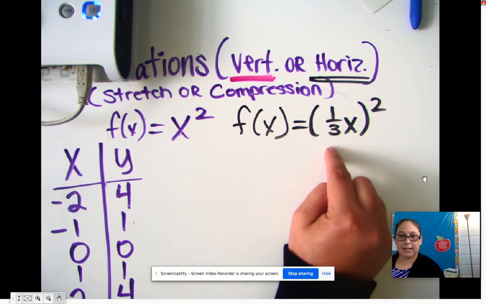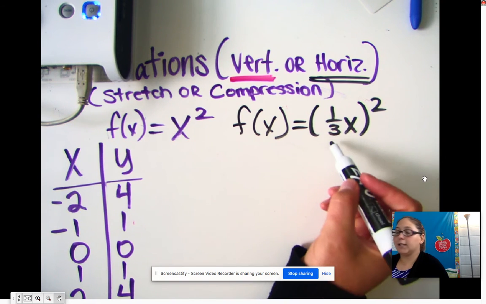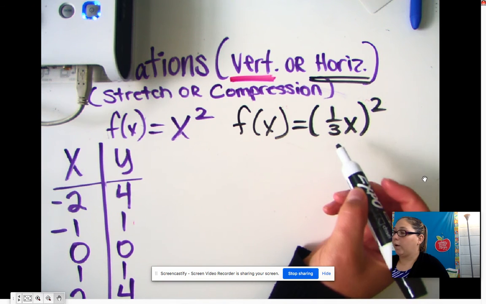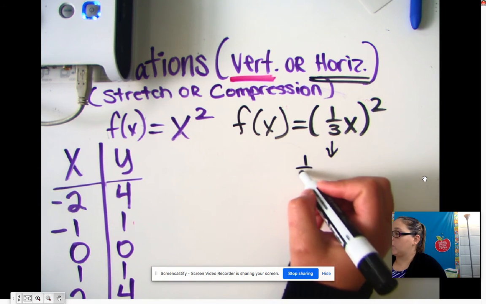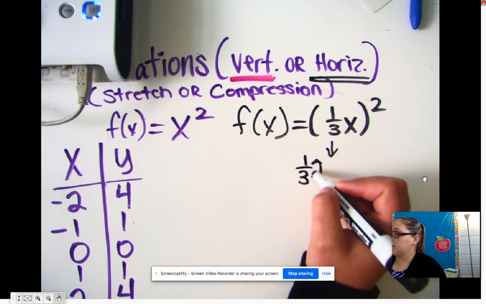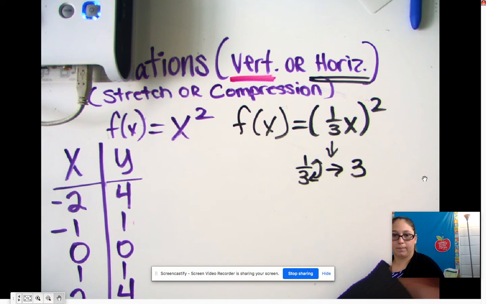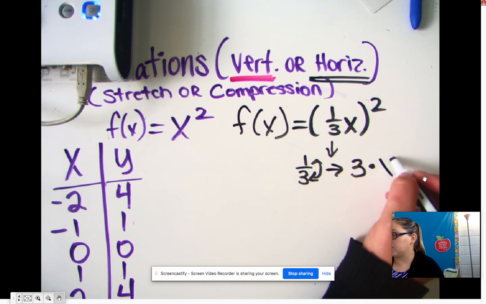And anytime it's inside, it's actually opposite or reciprocal. Because this says 1/3, we're actually going to switch it. The reciprocal of 1/3, if I flip these, is 3/1, or just 3. So this is going to have a dilation where I'm multiplying my x values by 3.